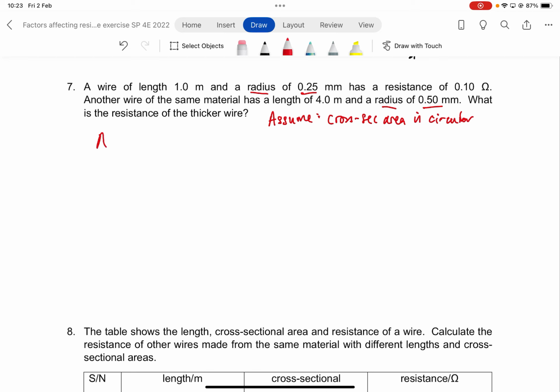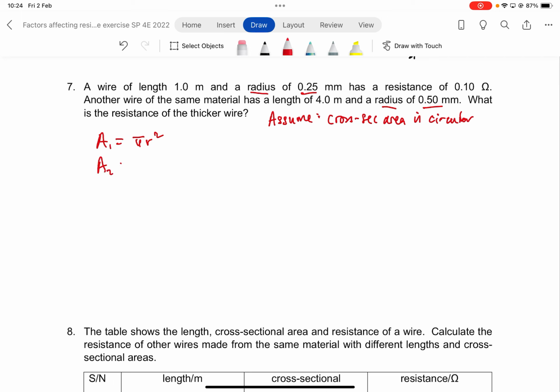So we know that the area of a circle is pi r squared. That means area is proportional to radius squared. So let's call the areas A1 and A2.